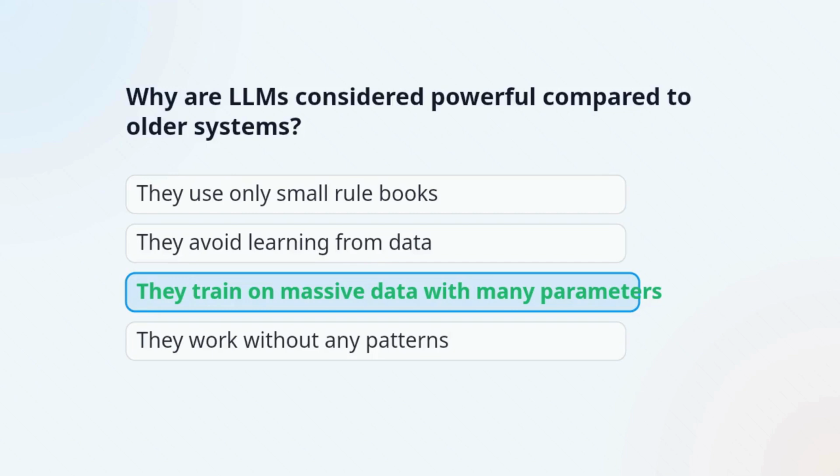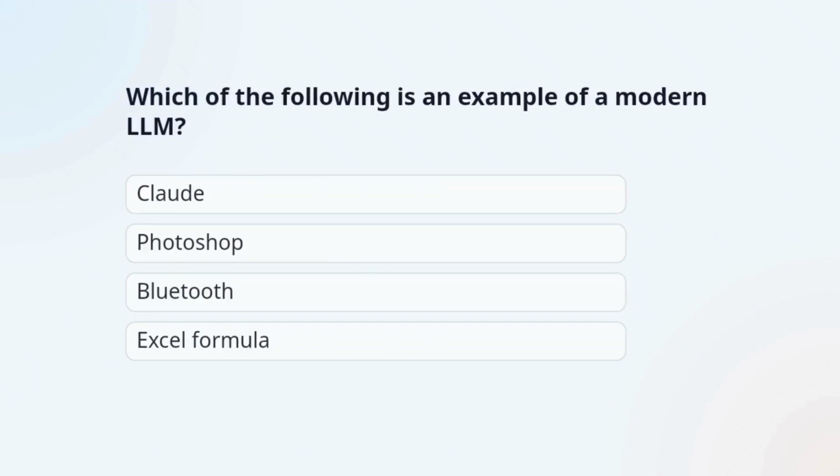This makes their outputs more flexible and natural. Question 3. Which of the following is an example of a modern LLM? The correct answer is Claude. Claude is a well-known LLM from Anthropic. The other options are not language models.